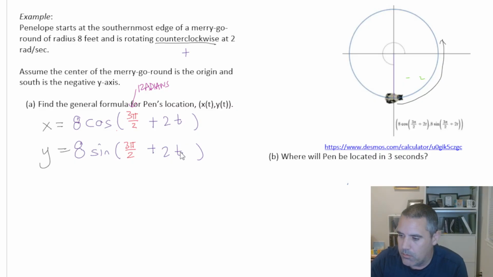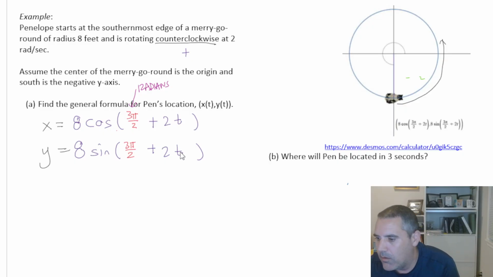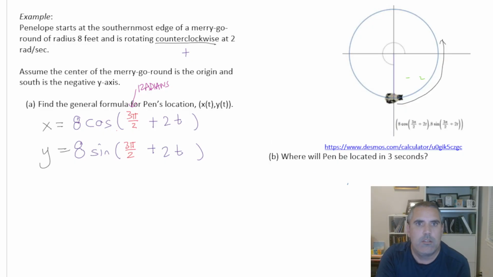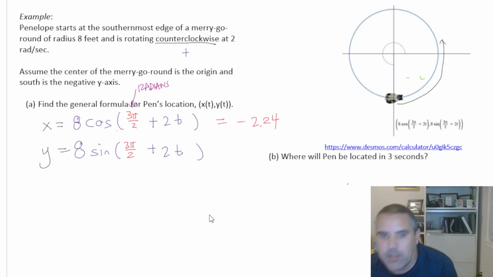And I'm going to do 3 pi divided by 2 plus 2 times 3, so plus 6. Negative 2.23. So I'm getting that Penelope will be, this will be negative 2.24 if I round it correctly.